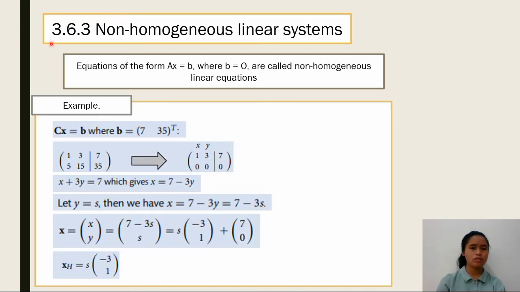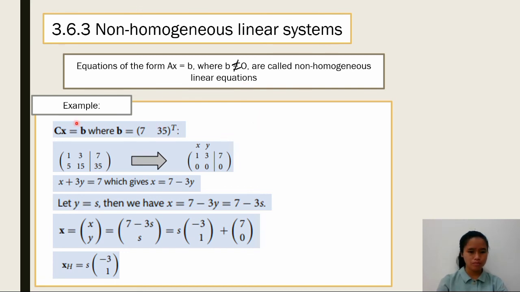Next to 3.6.6, non-homogeneous linear system. Equations of the form AX equal B, where B is not equal to 0, are called non-homogeneous linear equations.